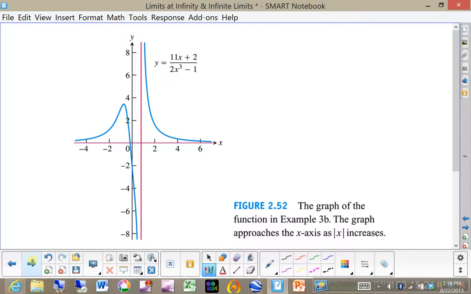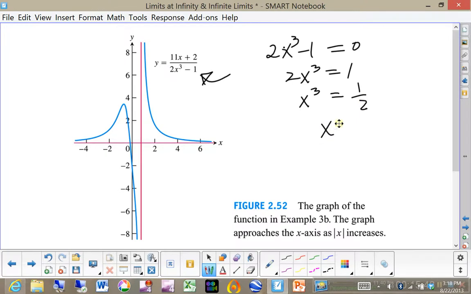Here's another example. I suggest you verify everything I'm saying here and graph this. Let's first look at the vertical asymptote. We set 2x cubed minus 1 equal to 0, and we get 2x cubed equals 1, x cubed equals 1/2.